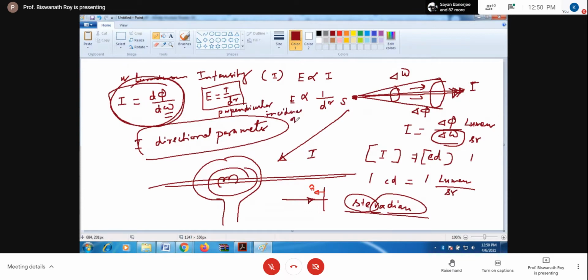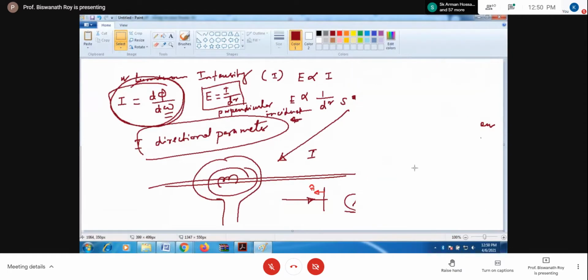So I can write E equal to I by d square for normal or perpendicular incidence of light.